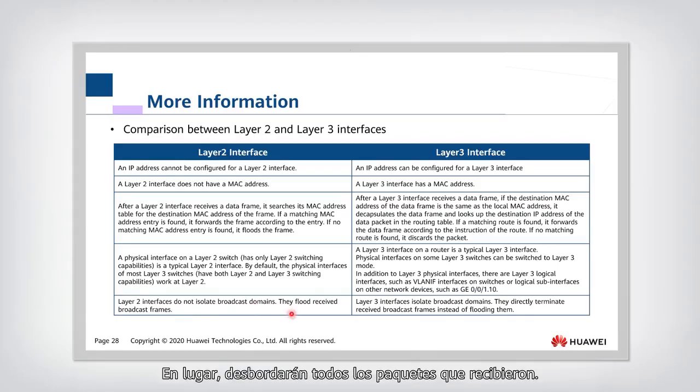Instead, they will flood all the packets they receive. However, if the packet goes through a layer 3 interface, it has already been isolated. So the layer 3 interface isolates the broadcast domain of the networks.